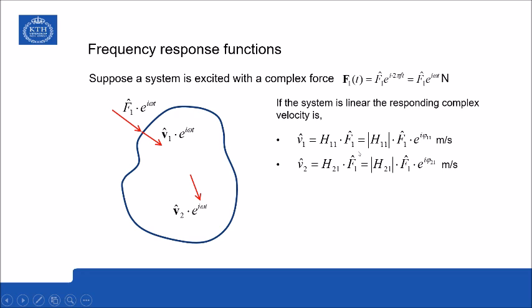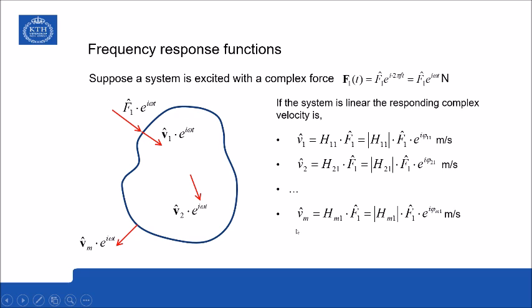So if we have m response measurement points, we obtain this column here with response velocity components, and as you can see here we have a column vector with frequency response functions H11 to Hm1 and a single exciting force F1.